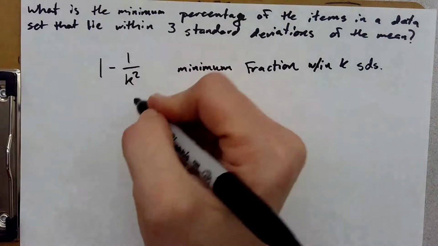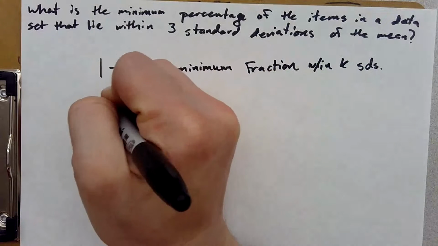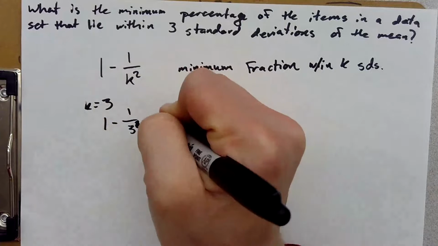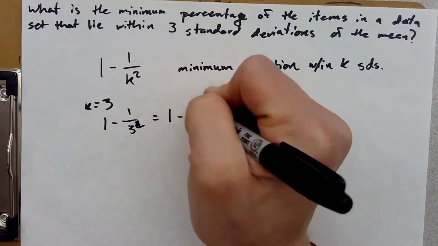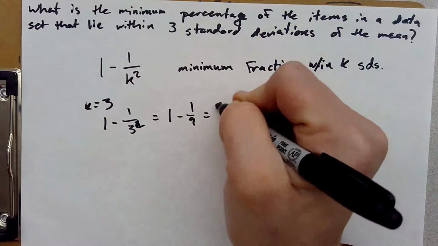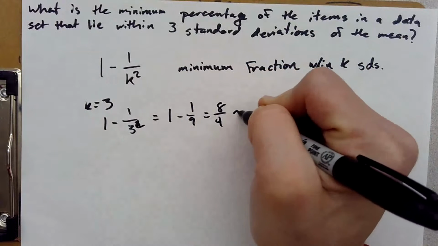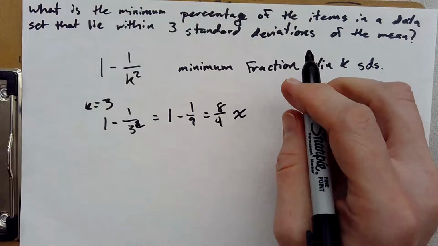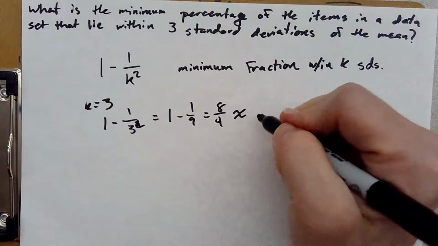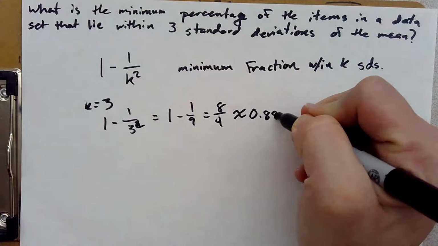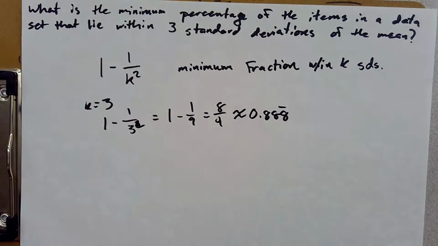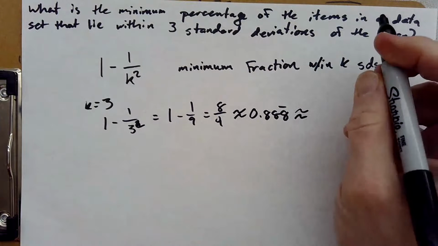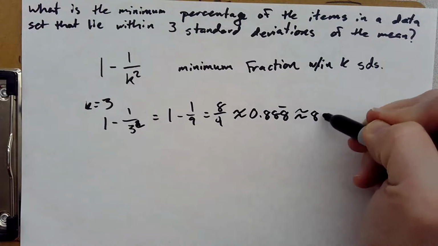So here k equals 3, so we've got 1 minus 1 over 3 squared, or 1 minus 1/9, which is 8/9, or approximately 0.8 repeating. Well, that's about 88.9%.